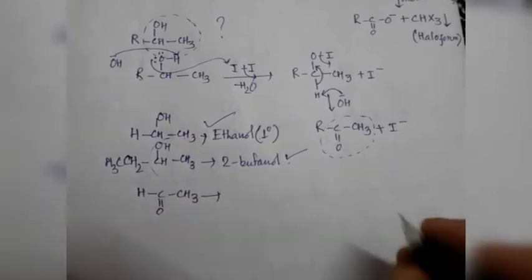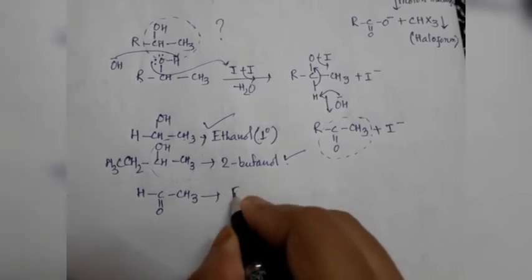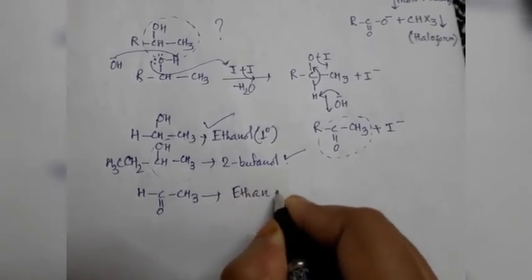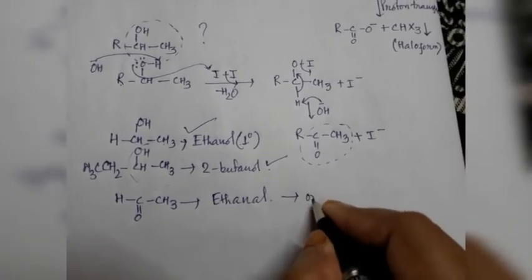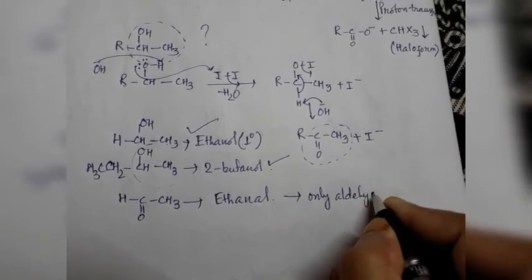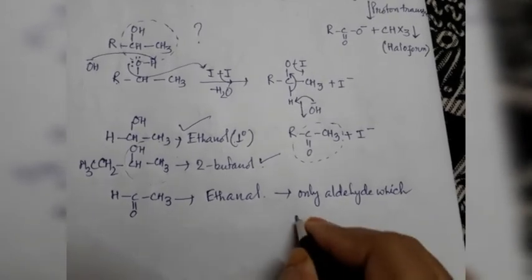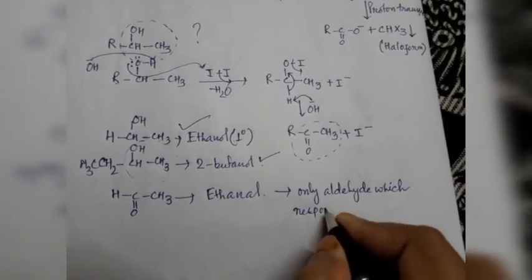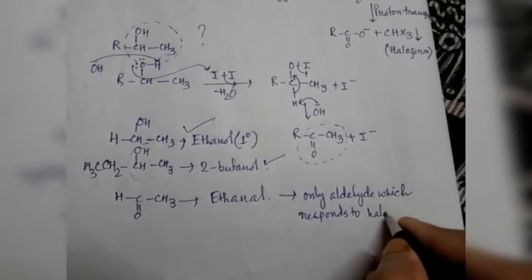What is that? This is acetaldehyde, and the IUPAC name is ethanal, as 2 carbon atoms are there and al for aldehyde. So this is the only aldehyde which responds to the haloform test.